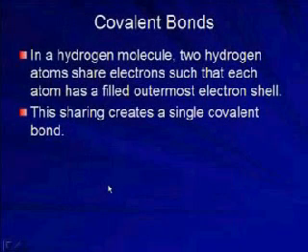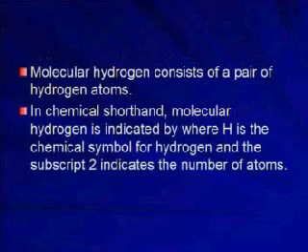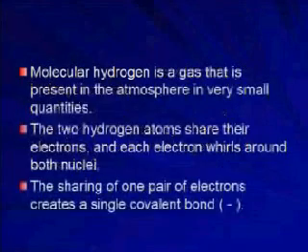In a hydrogen molecule, two hydrogen atoms share electrons such that each atom has a filled outermost shell. The sharing creates a single covalent bond. Molecular hydrogen consists of a pair of hydrogen atoms. In chemical shorthand, molecular hydrogen is indicated as H2, where a capital H is the chemical symbol for hydrogen and the subscript 2 indicates the number of atoms.